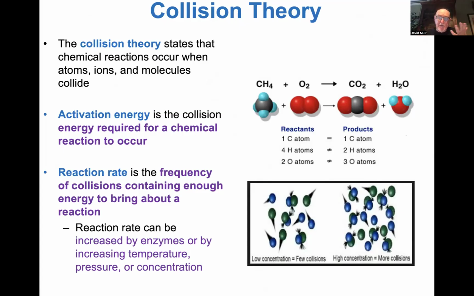If I start to heat this mixture of methane and oxygen up, I increase the kinetic energy. And if I increase the kinetic energy, I increase the rate at which they encounter one another, and I increase the speed at which they collide with one another.